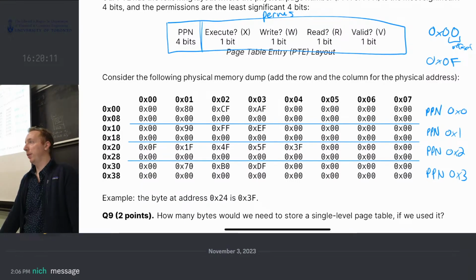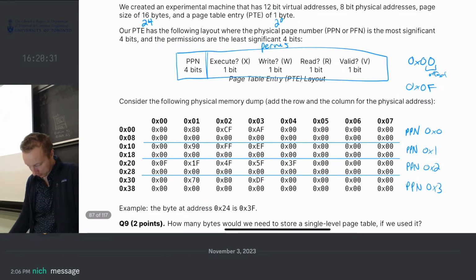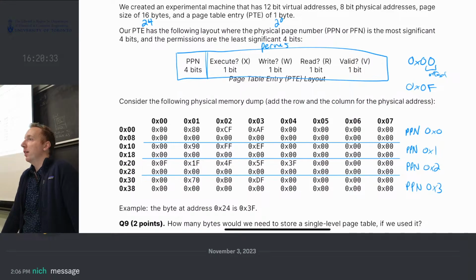How many virtual page numbers do I have in this silly system?